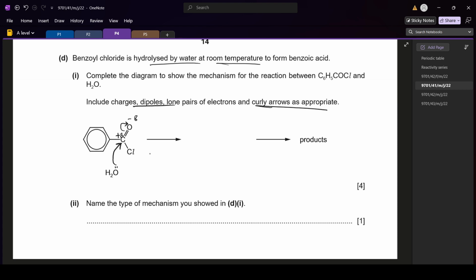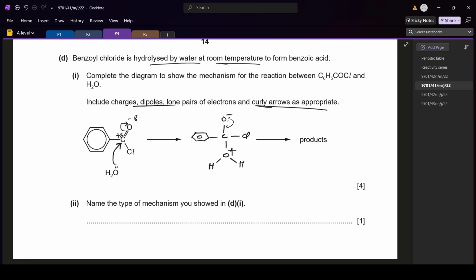And it will form an intermediate, and the intermediate will be like this. You will have this OH group attached, and it will have a plus charge. These mechanisms are very important, so you have to remember them.